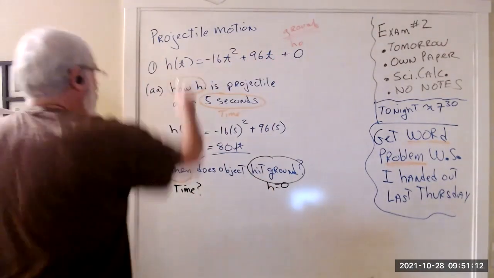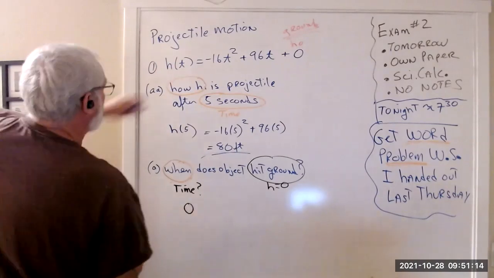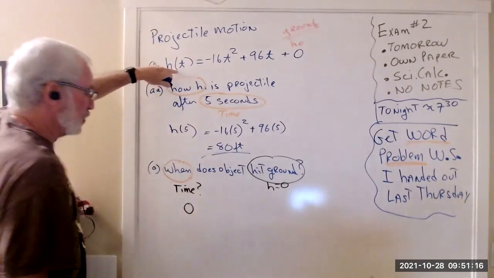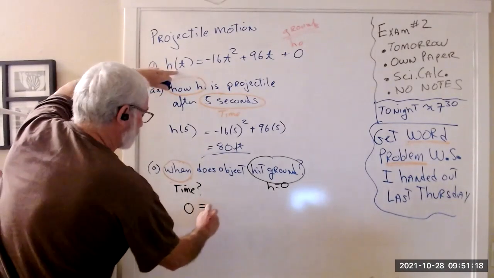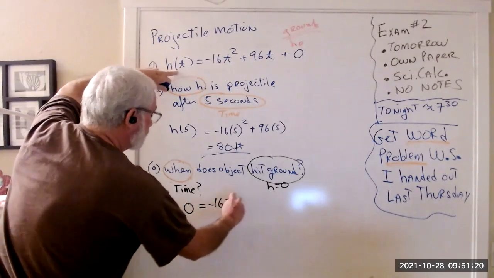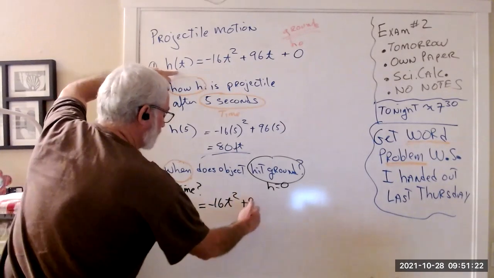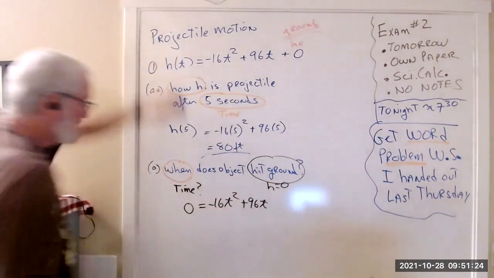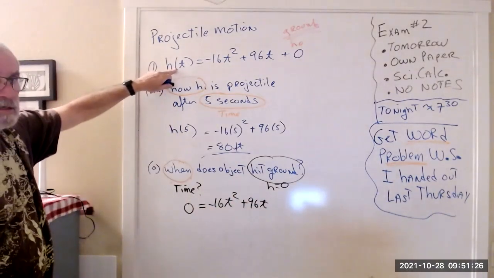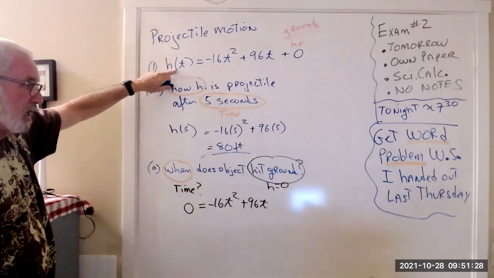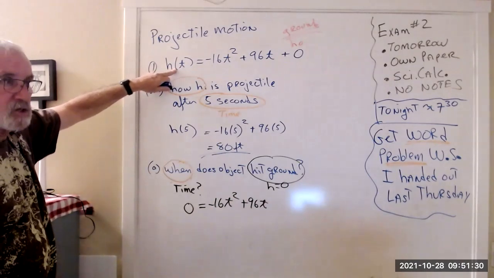So the problem becomes 0, because that's height at a certain time, equals negative 16 t squared plus 96 t. See, this was the height. And at some time, the height is going to be worth 0.